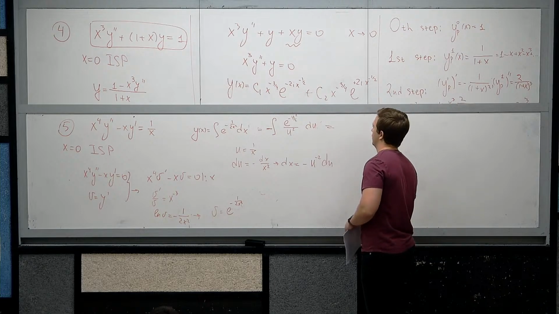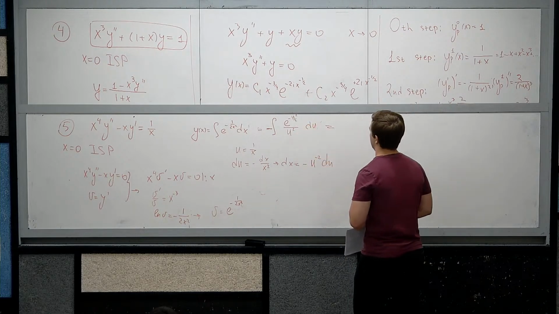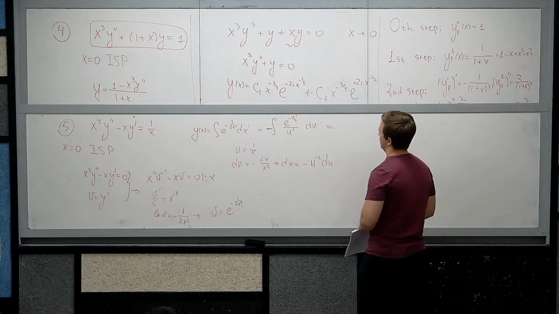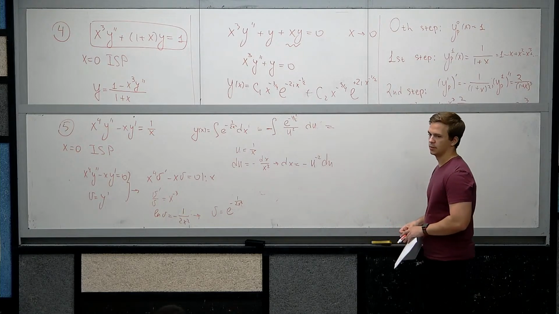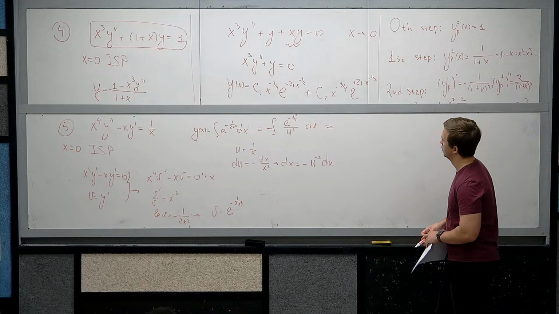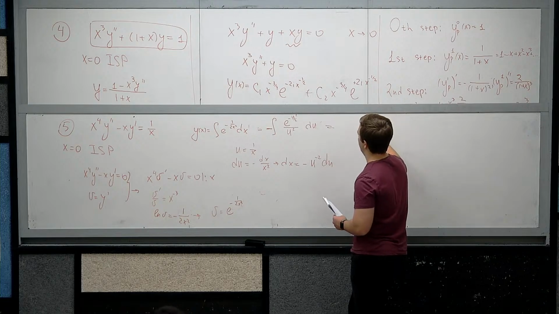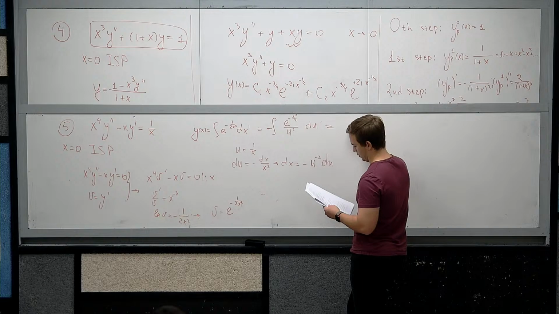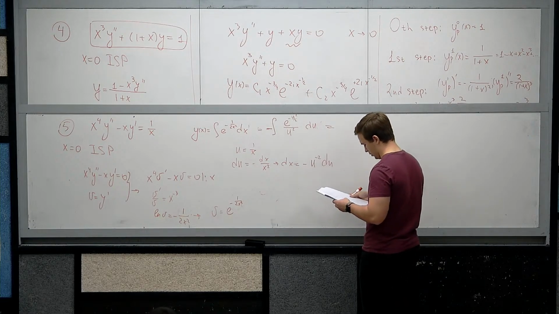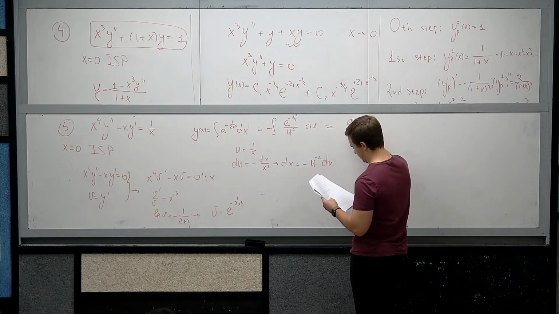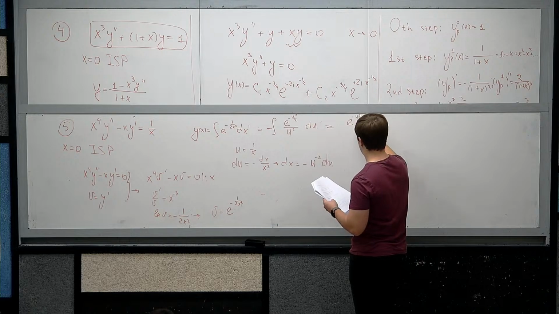Okay, let's skip this. So after one integration by parts, what will I get? We get u to the minus 1 times e to the minus u squared over 2, plus an integral. Check the sign; there should be e to the minus u squared over 2.